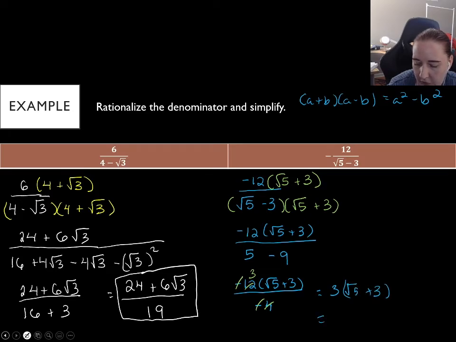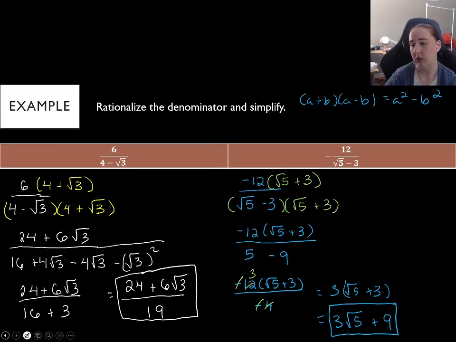And then I can multiply that out and get 3 times the square root of 5 plus 9 as the final answer, which looks much simpler than what's on the original problem where you've got this radical in the denominator, because now we don't have a fraction at all. So it did get simpler.